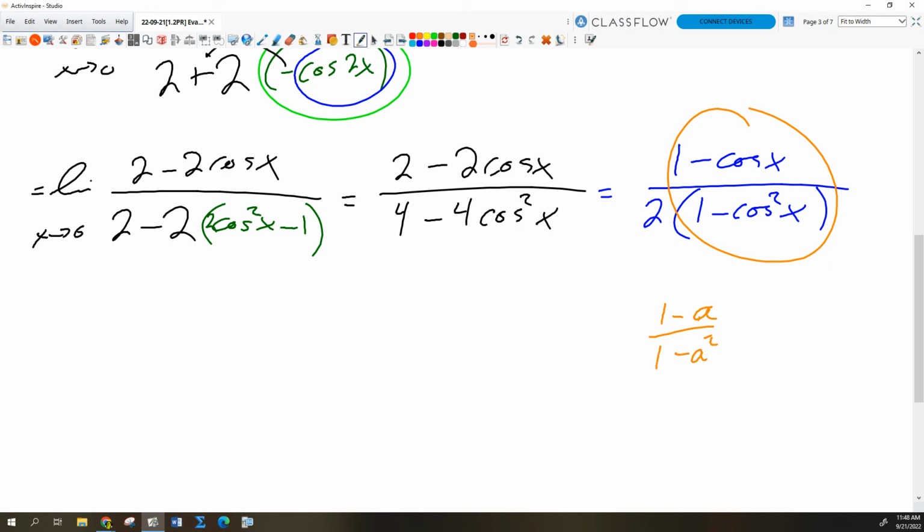I'll give you a hint. 1 is the same as 1 squared. That's the same thing as 1 minus a times 1 plus a, isn't it? See what I'm getting at? And so the 1 minus a's are going to cancel.